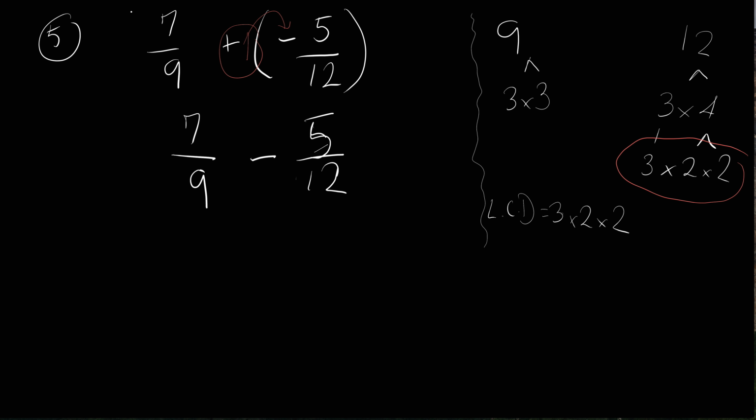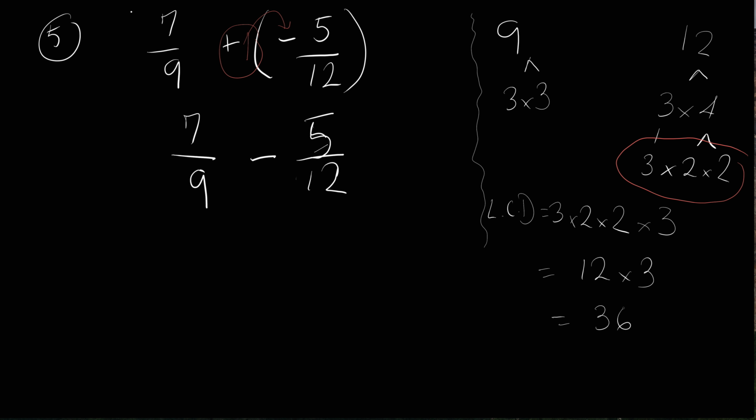Well, I only have one 3, so I must add another extra 3. Multiplying them, 3 times 2 times 2 is 12, times another 3 is going to give you 36. So your least common denominator should be 36.